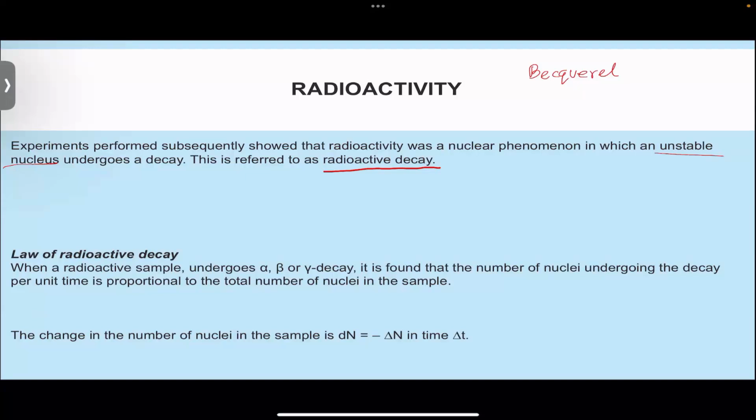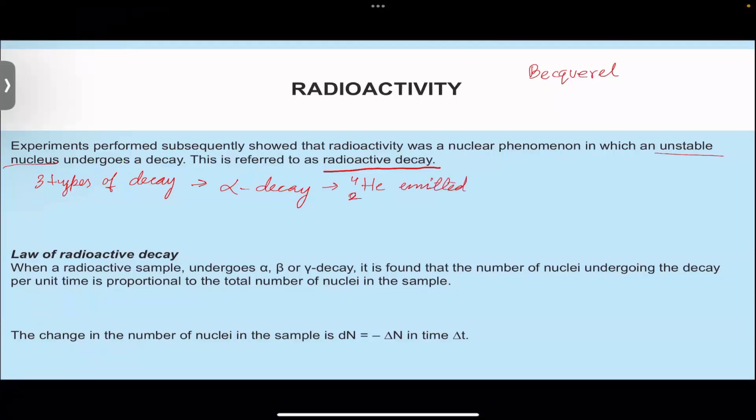In radioactive decay, you have three types of decay. You have alpha decay, where a helium nucleus is emitted.